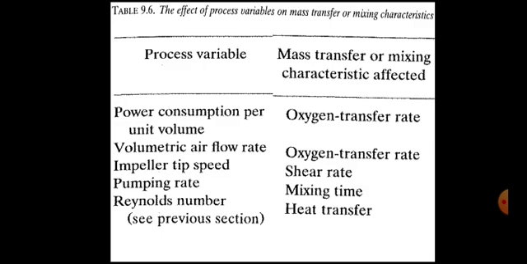If process variable is volumetric air flow rate, then it is related to oxygen transfer rate. If process variable is impeller tip speed, then the characteristic which is going to be affected is the shear rate. Shear means the damage to the cells, and so on.